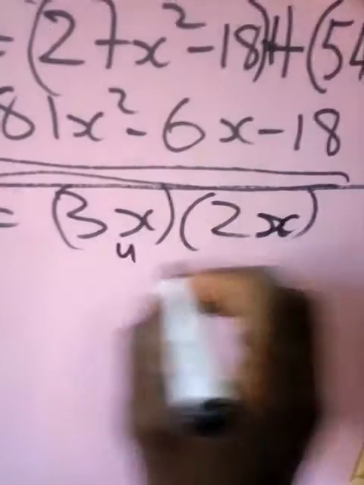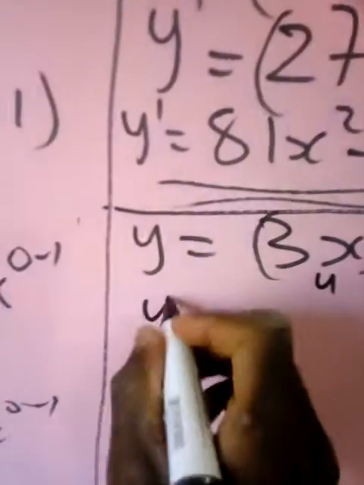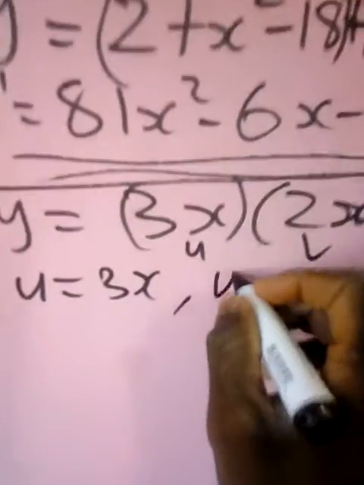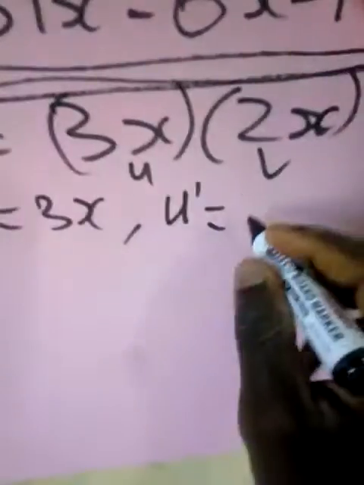So this is my u, this is my v. My u is equal to 3x. My u prime will be equal to, power here is 1, power comes down, power goes up minus 1, 1 times 3 gives me 3. 1 minus 1, 0, x to the power 0 is 1, times 3 gives me 3.